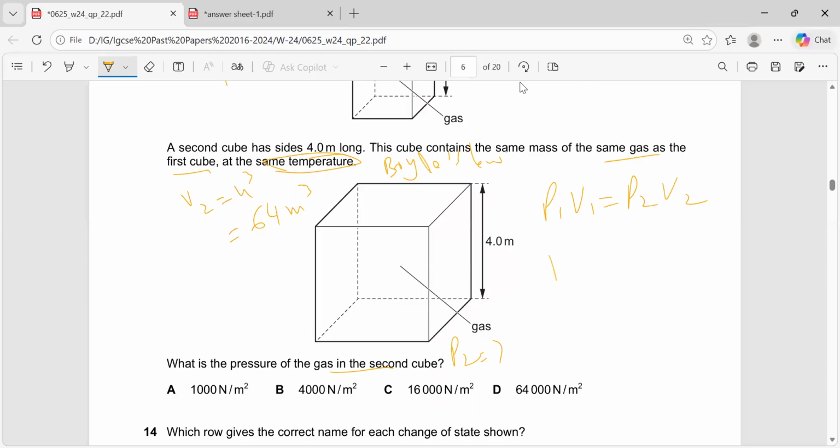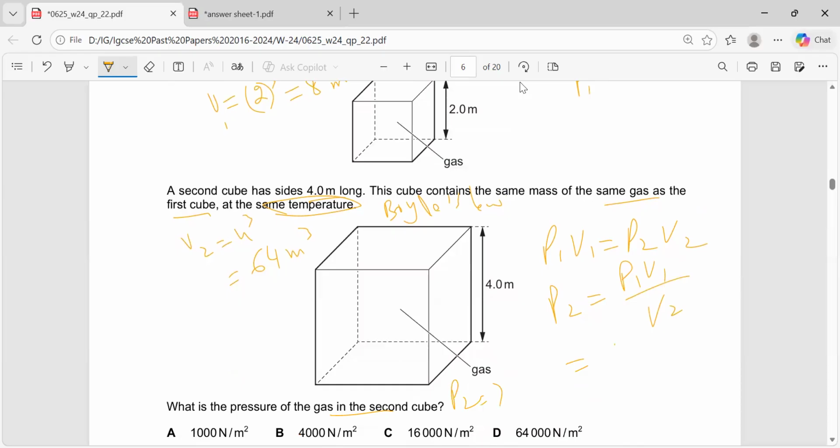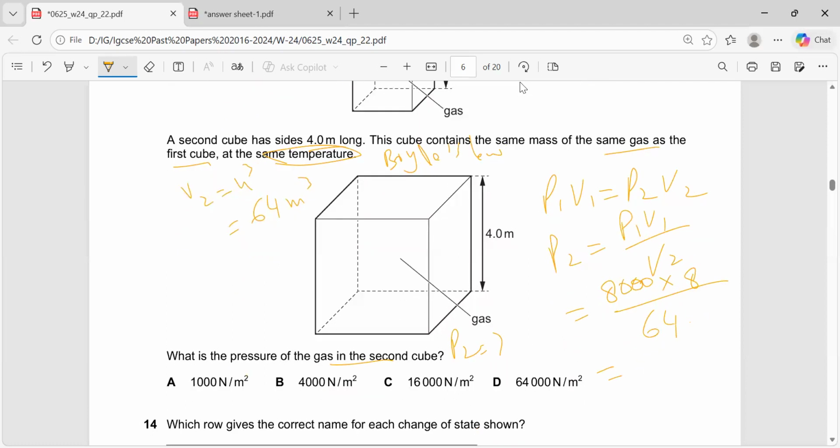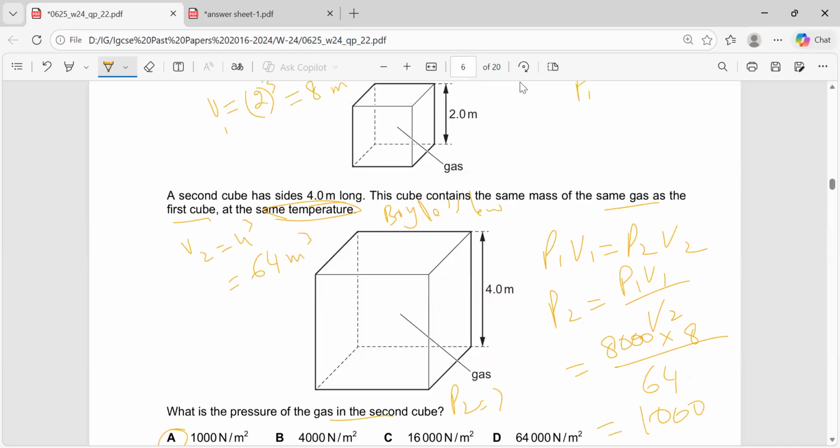P2 is made the subject of the equation: P1 V1 over V2. I'm sure I'm correct. So P1 was 8,000, V1 was 8, over V2 was 64. So simply the answer is 1000, A. So the answer for 13 is A.